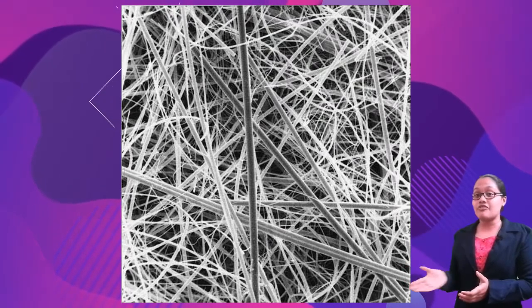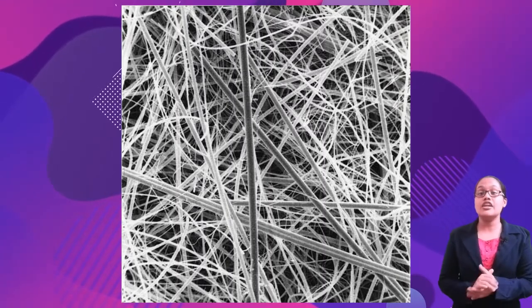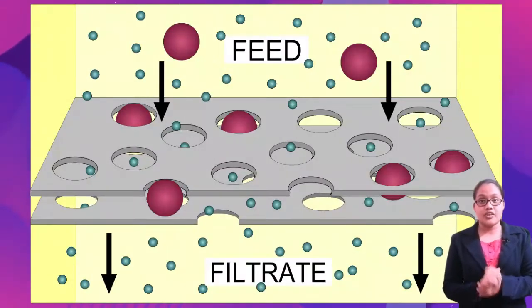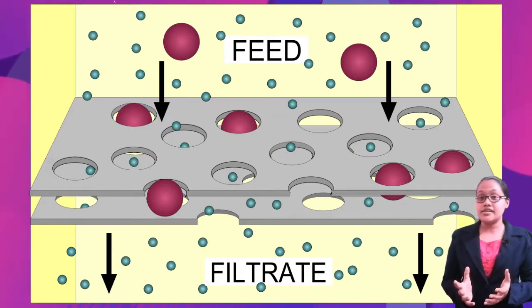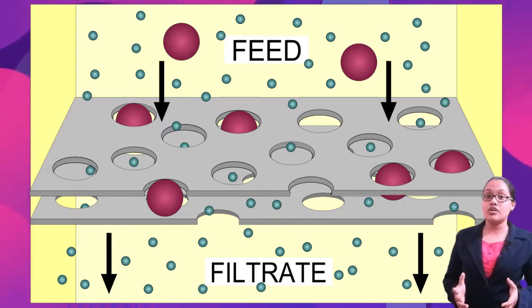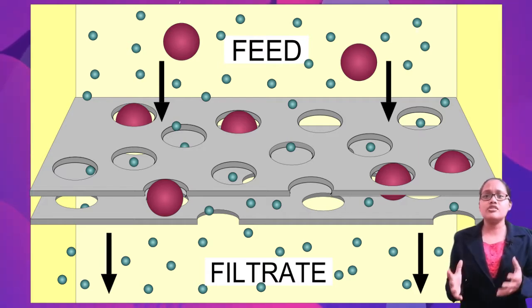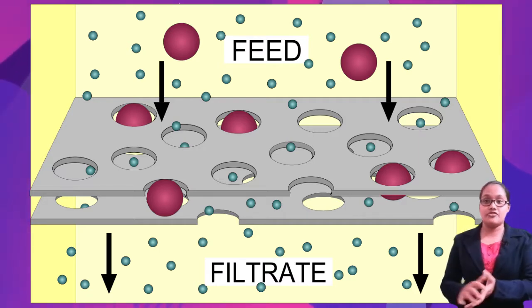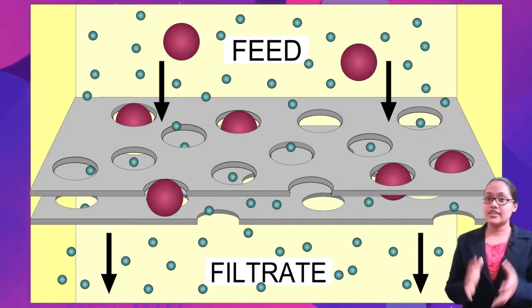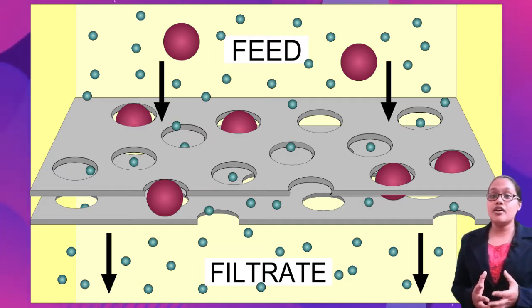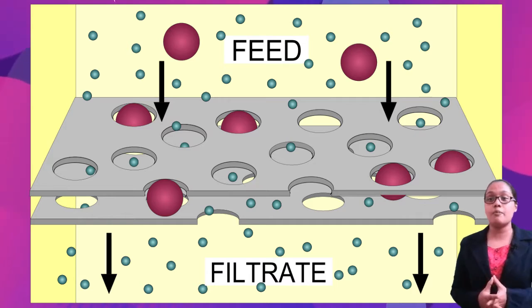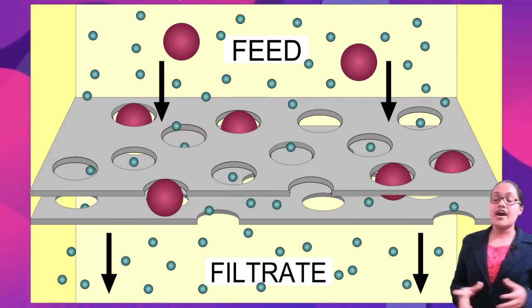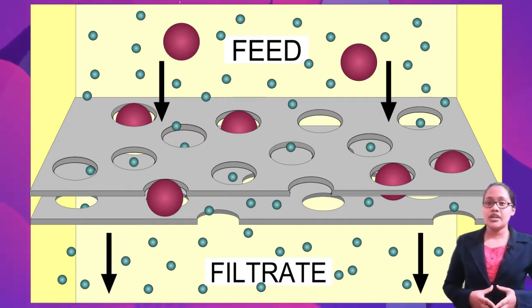These holes in the filter paper allow liquids to pass through them, whereas large solid particles like sand, chalk powder, etc., will not pass through the filter paper. Thus, a solid which remains insoluble in a liquid can be separated by using a filter paper.